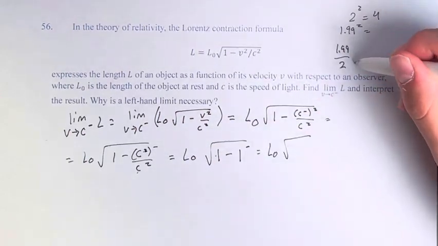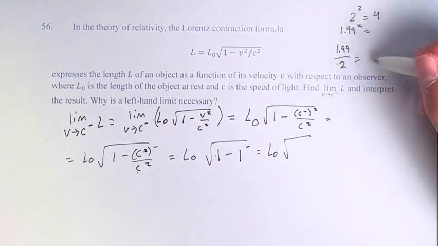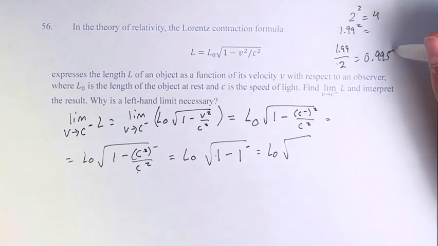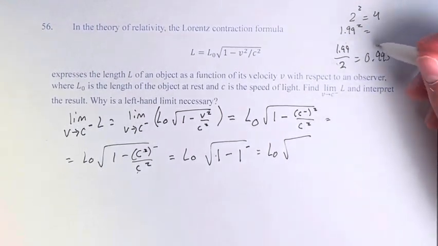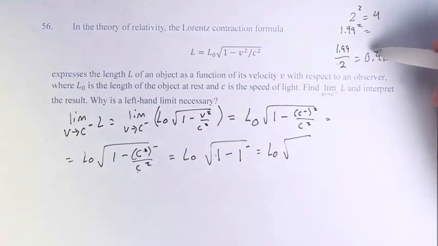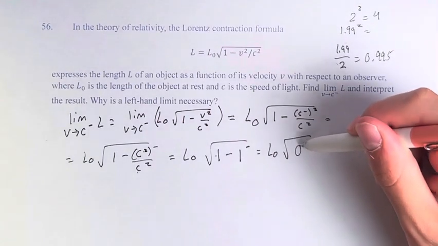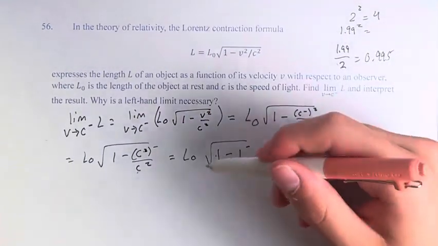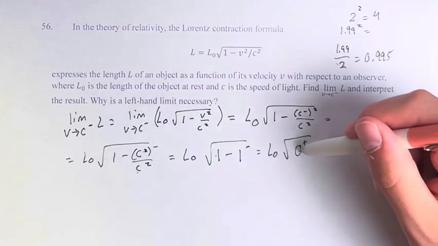Well, this is like we've done our division, and we get a number that's very, very close to 1, but it's very, very slightly less than 1. So now, if we're taking 1 and we're subtracting this number, we're getting a number that's very, very slightly greater than 0, right? Because 1 minus 1 is 0, so we're approaching 0.